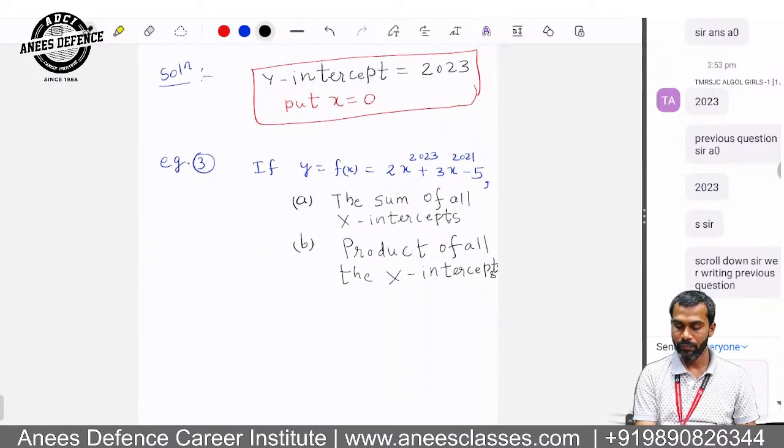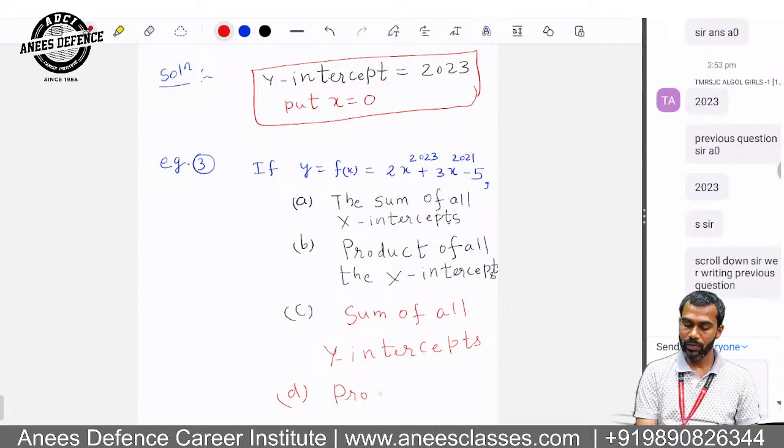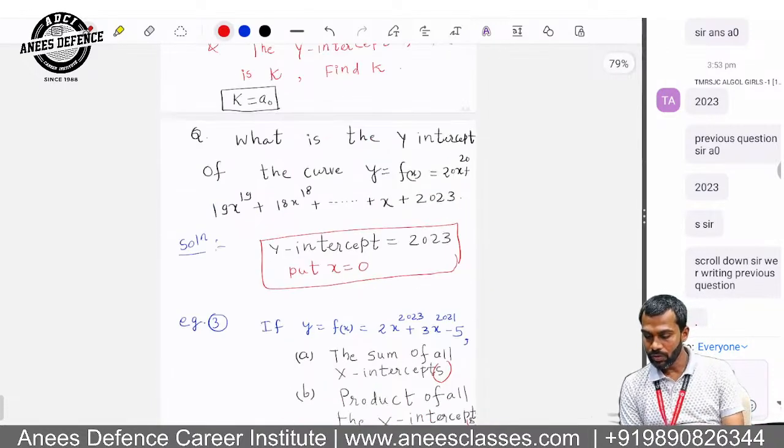And the last ones, the sum of all y-intercepts and the product of all y-intercepts. This is the question.